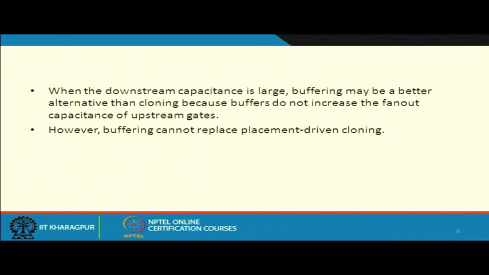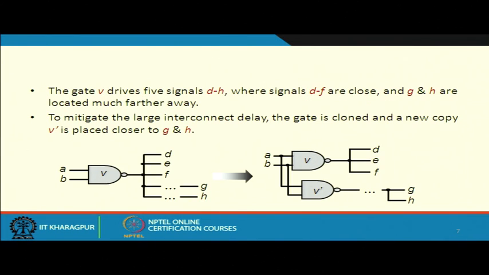You are doing cloning not just by looking at the loads, but also at where they are going. If you see a cluster here, you place a copy of the clone near that cluster. If there are other points going elsewhere, you place another copy of the clone near that cluster, like that you do. So, let us take an example here.